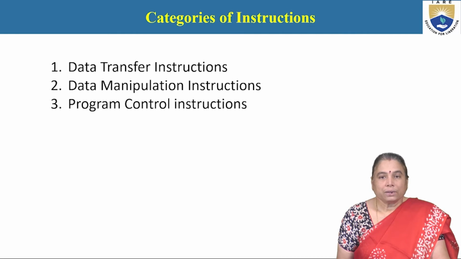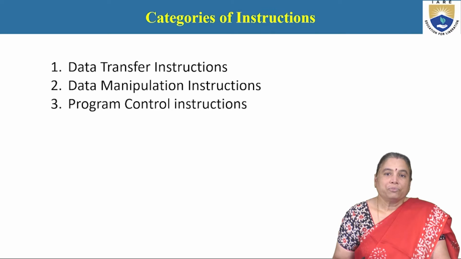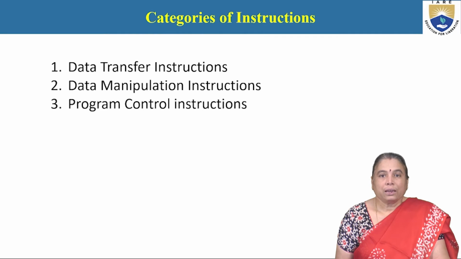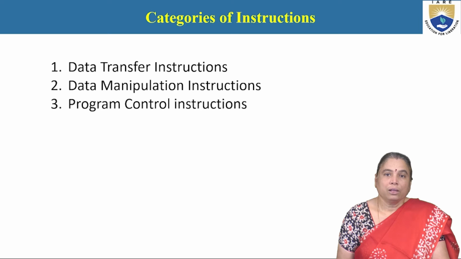The data transfer instructions facilitate the shifting of data between registers, or from memory to register, or from register to IO. General instructions under these data transfer instructions are load, store, exchange, in, out. All these are data transfer instructions.